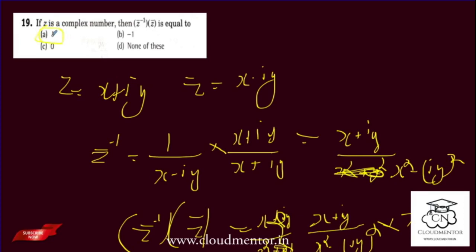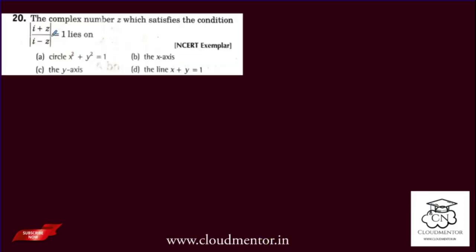So next question. The complex number z which satisfies the condition modulus of 1 plus z by 1 minus z equal to 1 lies on what? A circle of the given equation, or the x-axis, or the y-axis, or the line x plus y equal to 1. Okay, we have to find that.